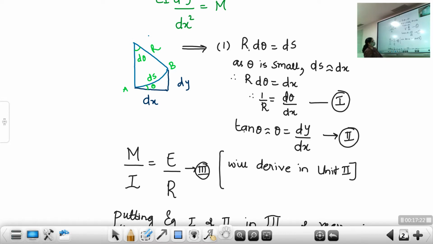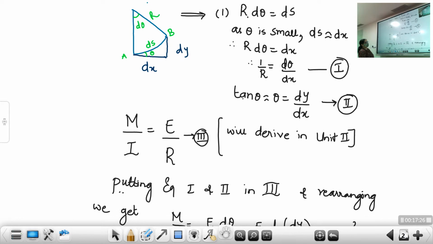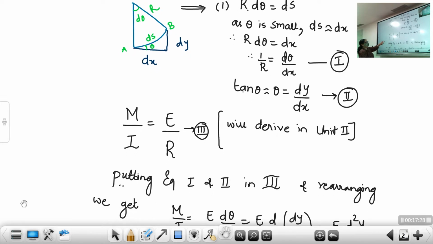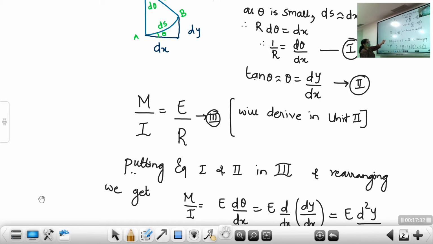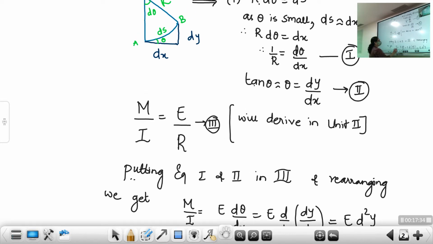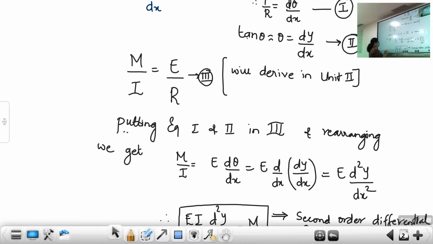So we are directly picking up this relation from that unit and using it further. In this equation we'll simply replace 1 by r now. We know 1 by r is d theta by dx. So we get M upon I is equal to E, instead of 1 by r, we will write d theta by dx from the first equation.